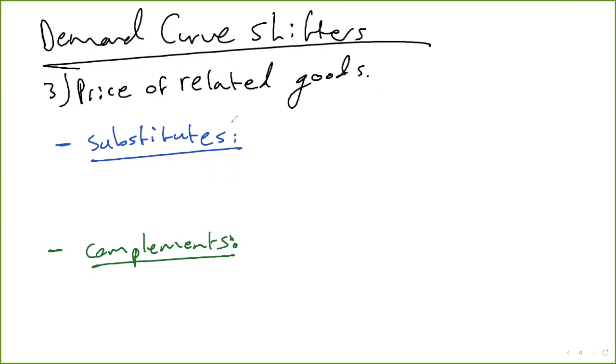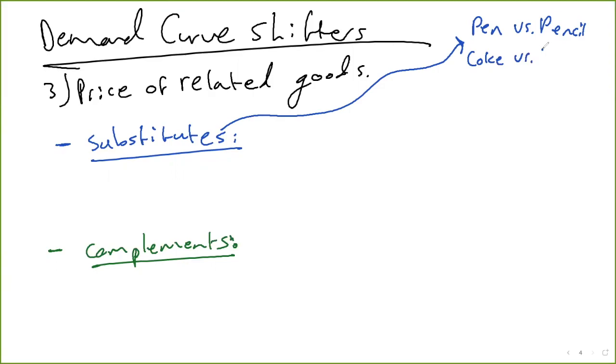So substitutes are things that you're okay with having one or the other. So an example would be a pen versus a pencil, or Coke versus Pepsi. They're not the same thing, but they effectively serve the same purpose.